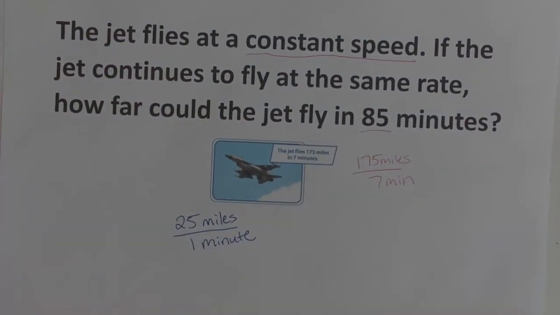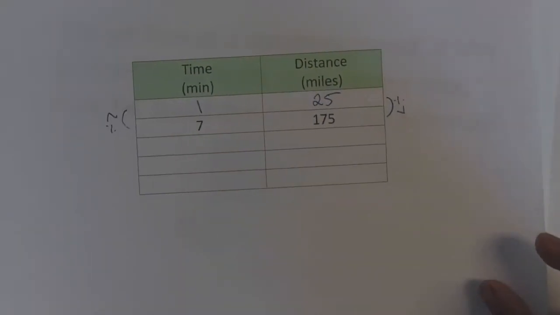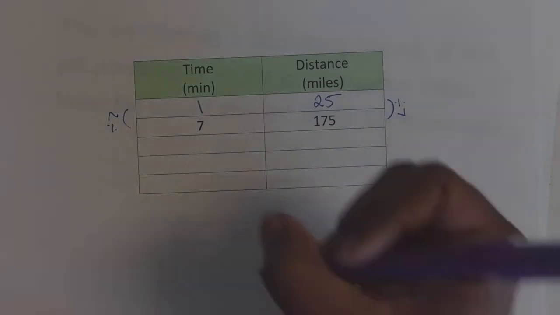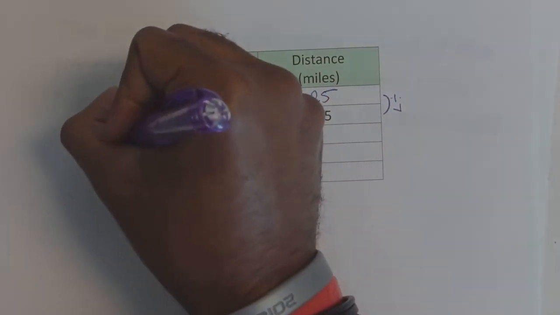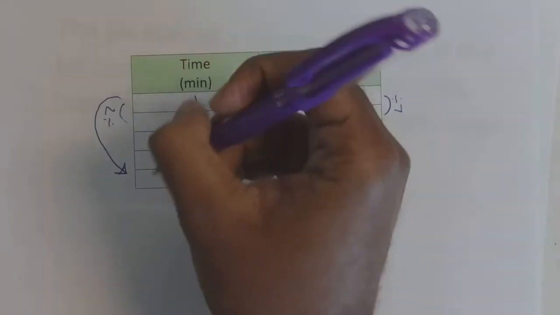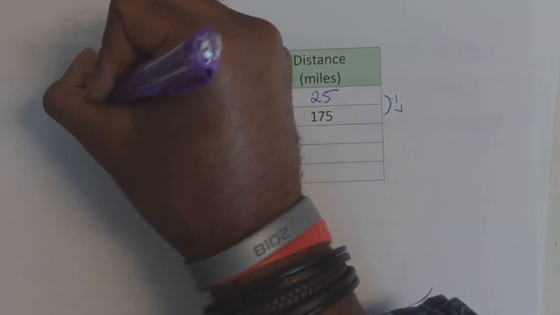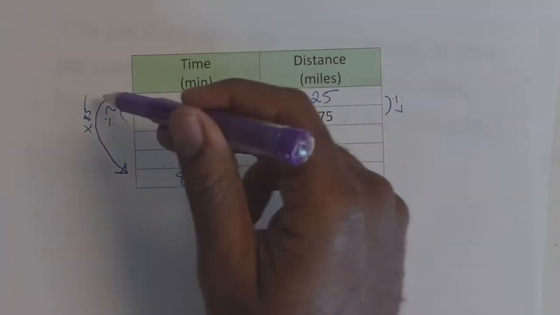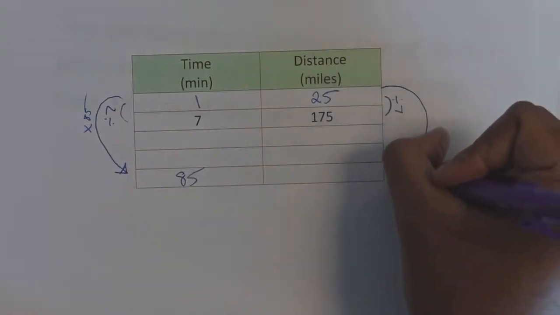It is helpful to start the table with the unit rate so we can find equivalent rates for any other number. So let's keep building on our table. How can I find how many miles in 85 minutes? Correct, I can multiply all of this by 85, because 1 times 85 is going to give me my 85 minutes. And since I did it to this side of my table, I'm also going to do it to this side.